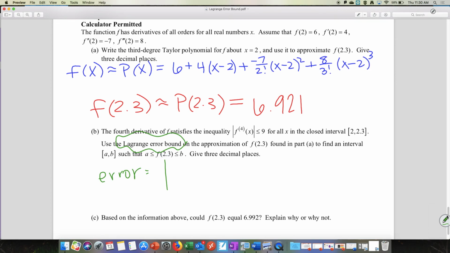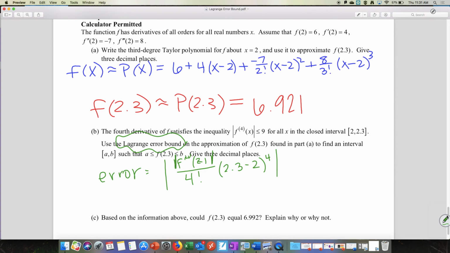So we need to use the max fourth derivative over 4 factorial times x minus c to the 4th.